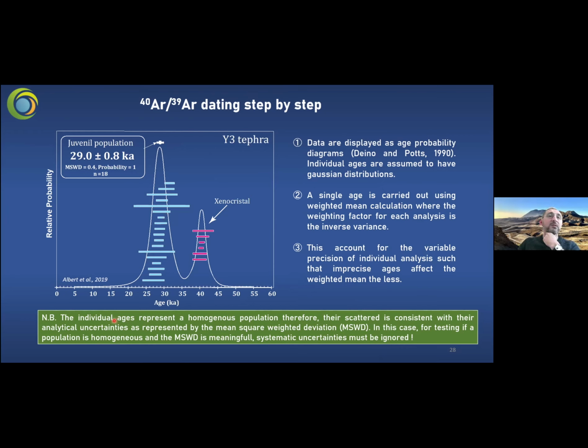It means that to calculate an individual age from that, you don't take into account only the analytical uncertainty, because the scatter that you have here is consistent with the analytical uncertainties. For testing if the population is homogeneous with a meaningful MSWD, the systematic uncertainty must be ignored. It should be added at the end.